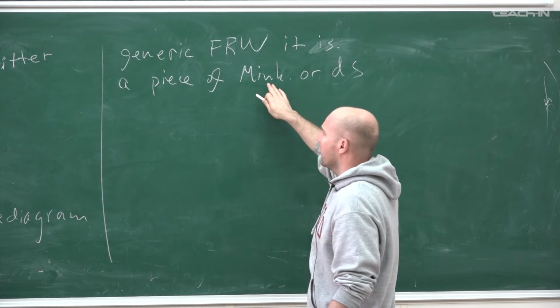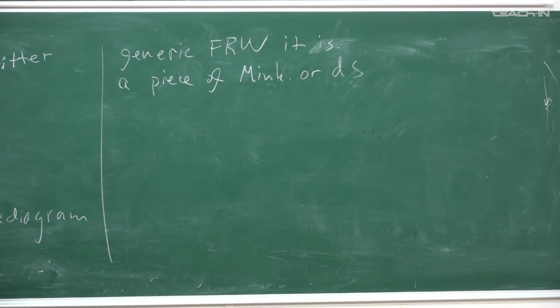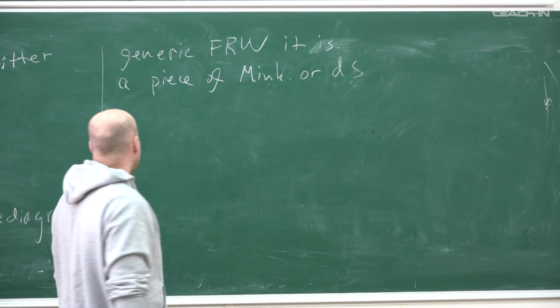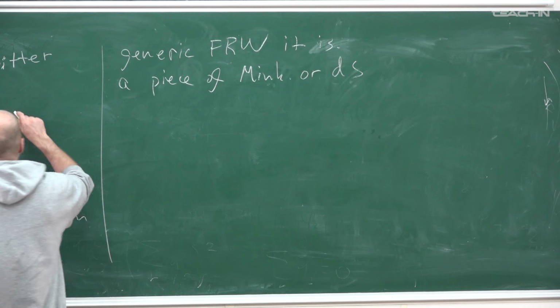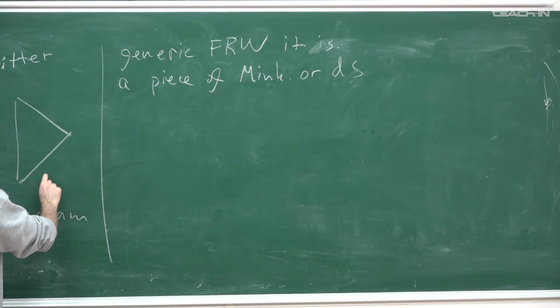Whether it looks more like Minkowski or de Sitter depends on whether we consider closed FRW or open FRW, right? So for full Minkowski, it was like part of a diamond like this.